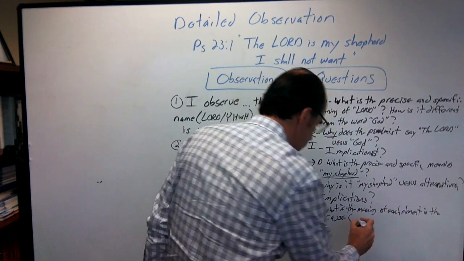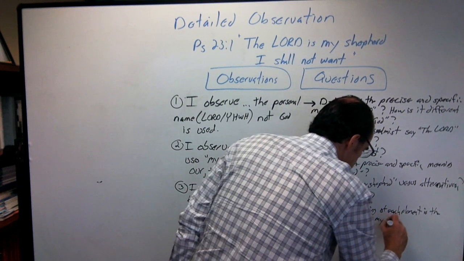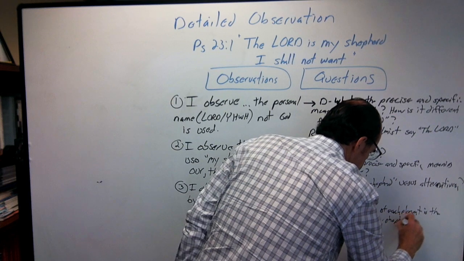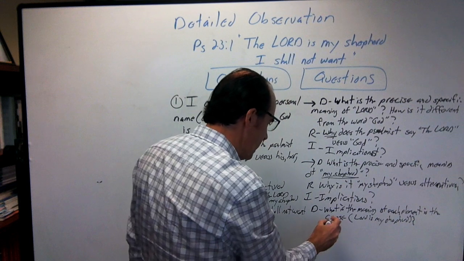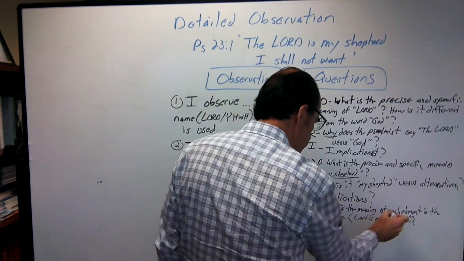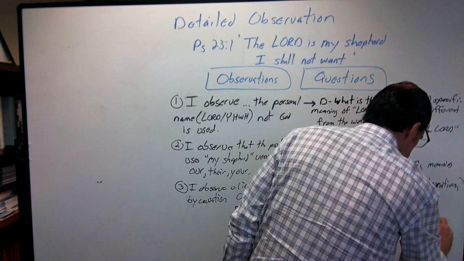Talking about, again, we're back to the Lord is my shepherd. So we would want to define what's going on in each part of that. You can also do the same thing. What is the meaning of each element in the effect?